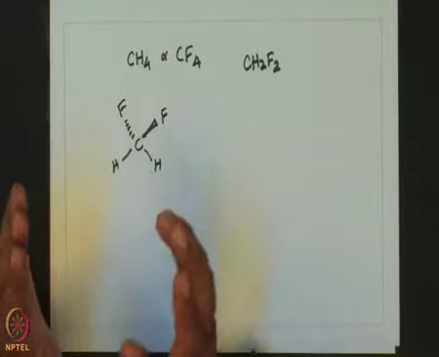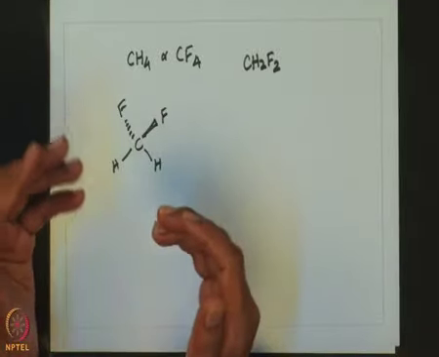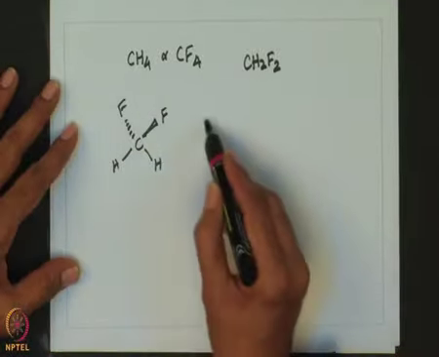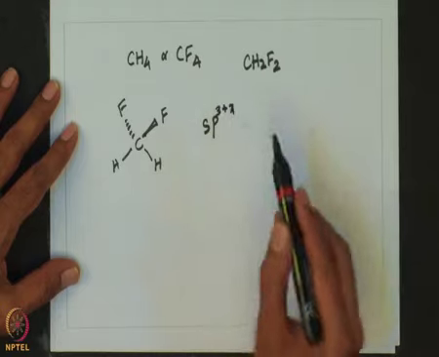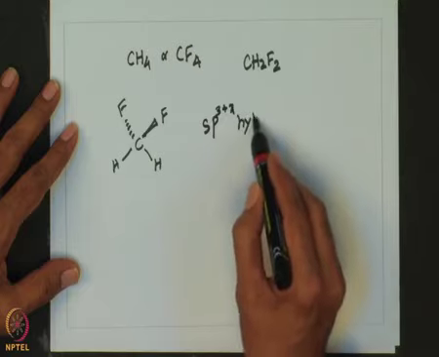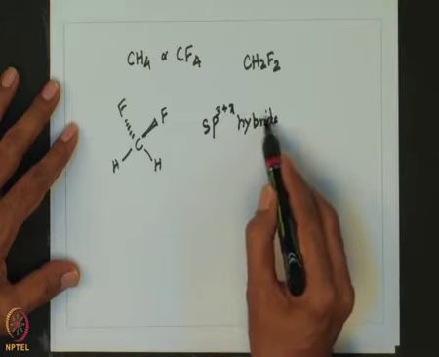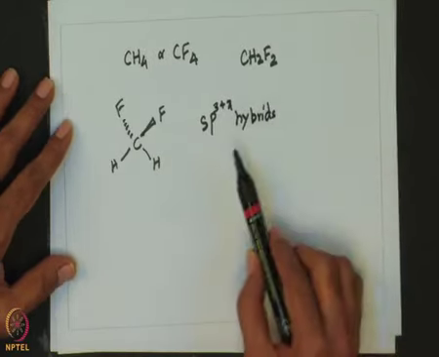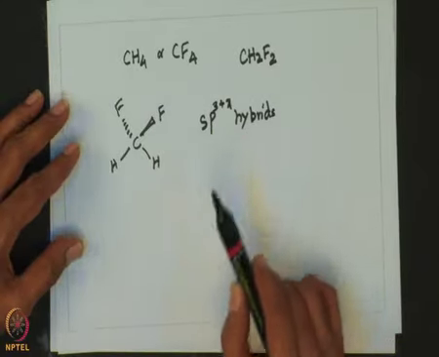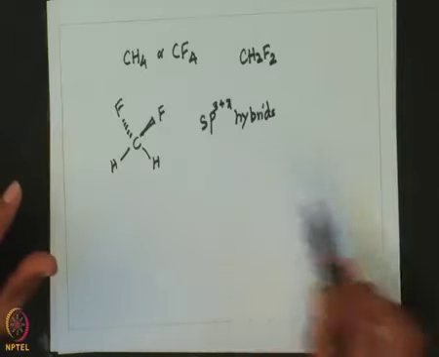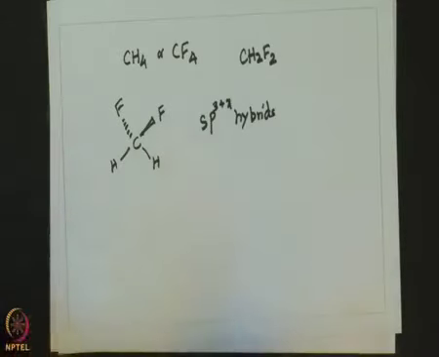The CF bonds are formed from sp3 plus x hybrids. Okay. That means with slightly more p character and less s character than a typical sp3 hybrid orbital, because when we consider 4 sp3 hybrid orbitals, we should remember that we are using 1 s and 3 p.